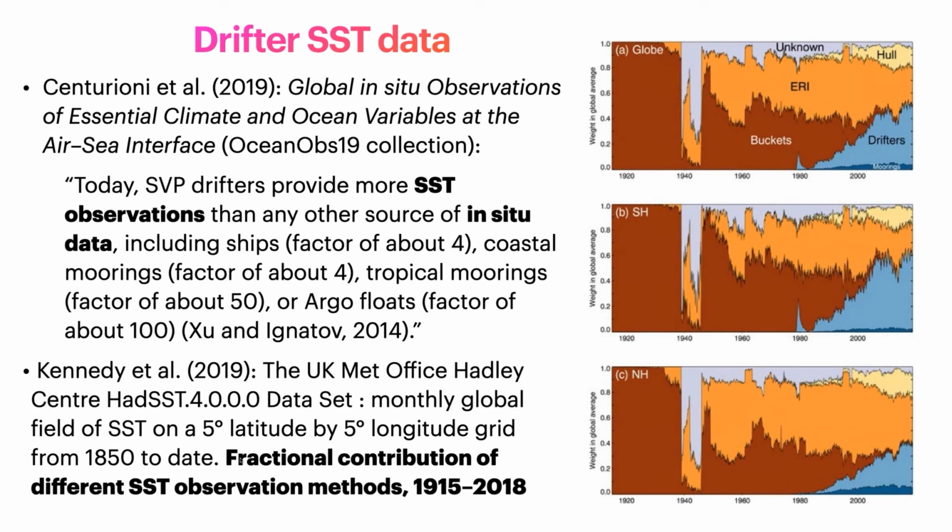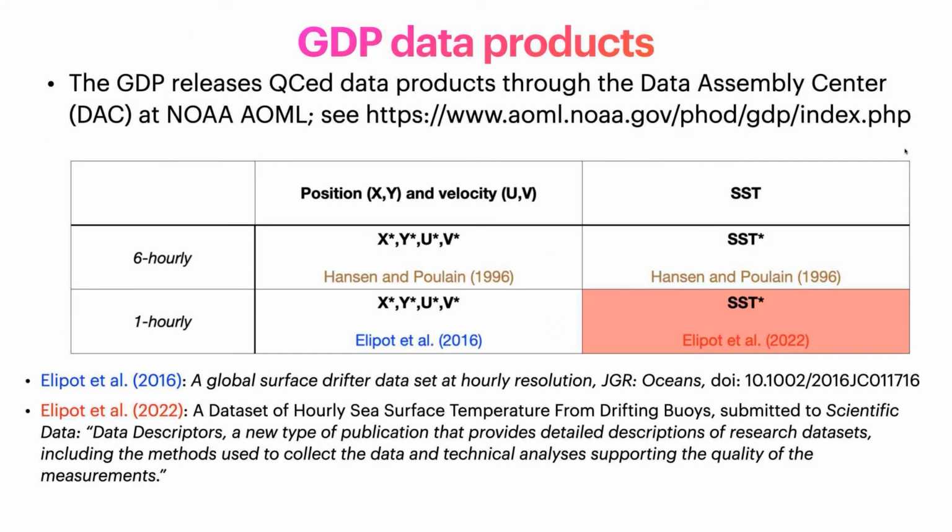On the right, you can see a diagram that shows the fractional contribution of different SST observation platforms. You can see how the portion from drifters globally is basically reaching today about 50% of the data that are going into this dataset. So the drifter SST data are very important data for climate monitoring, among other things.